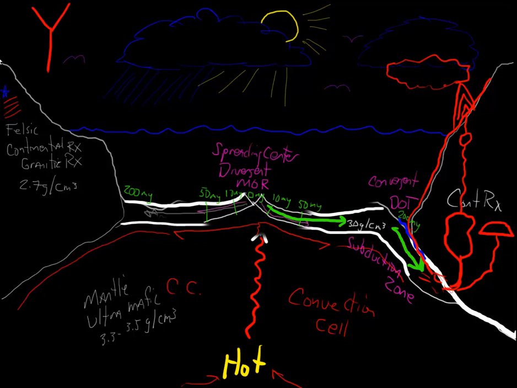Partial heating. If I was going to make felsic purple and mafic yellow, what happens is if this rises very quickly, the yellow material goes all the way up, and it can go even farther up, making these magma chambers that are up here.